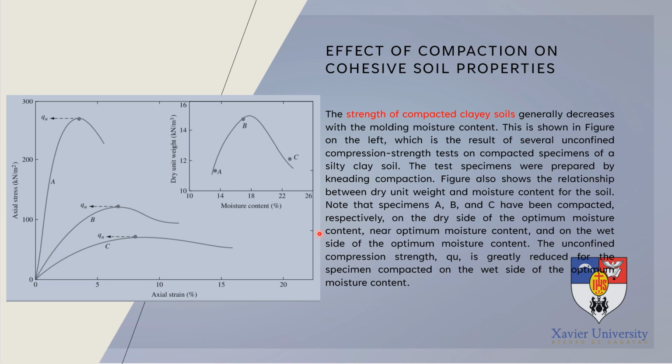Note that specimens A, B, and C have been compacted respectively on the dry side of the optimum moisture content, near the optimum moisture content, and on the wet side of the optimum moisture content. And the unconfined compression strength, qu, is greatly reduced for the specimen compacted on the wet side of the optimum moisture content.